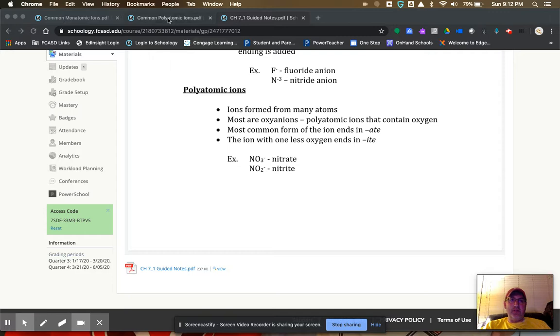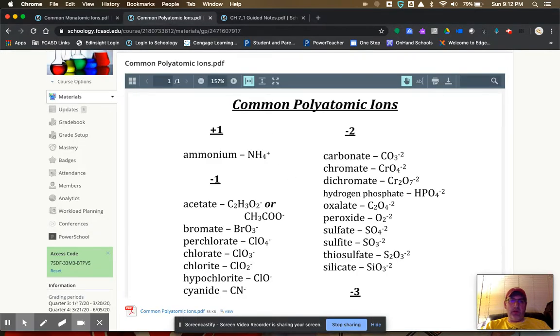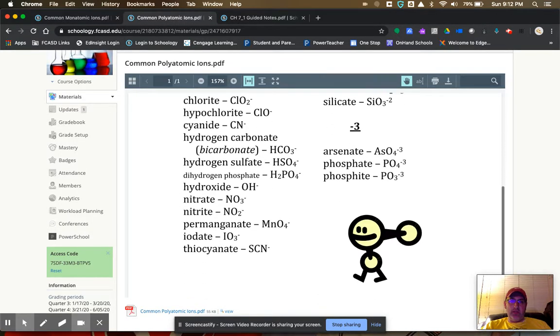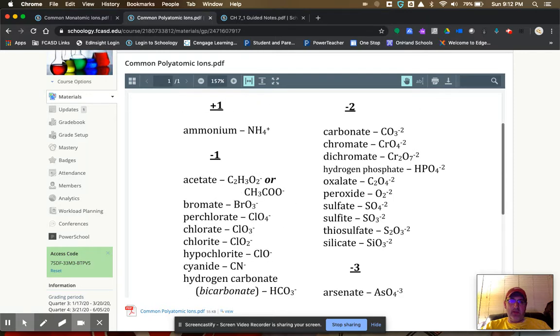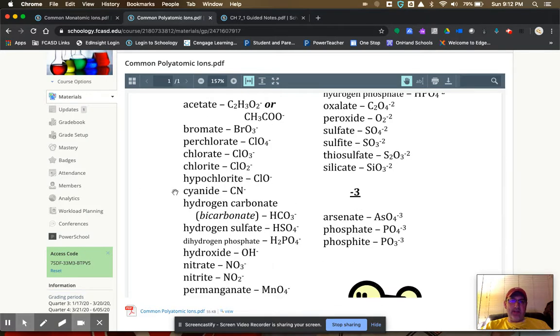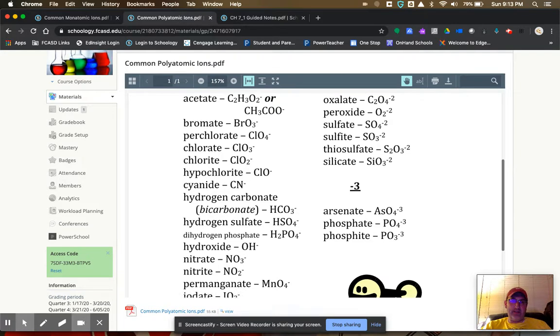So in your 7-1 folder is your common polyatomic ion sheet, and here they are. Lots of ATEs and ITEs in there. Here's one example here: chlorate and chlorite. The ATE ending being O3, so ClO3 minus 1. And the ITE ending being ClO2 minus 1, so it's 1 oxygen less.